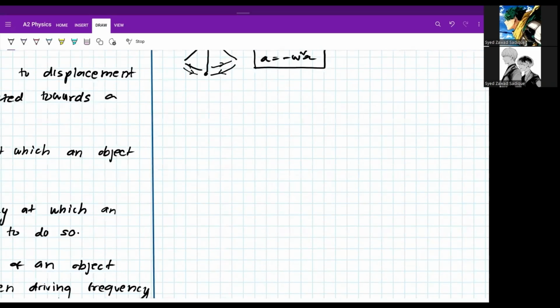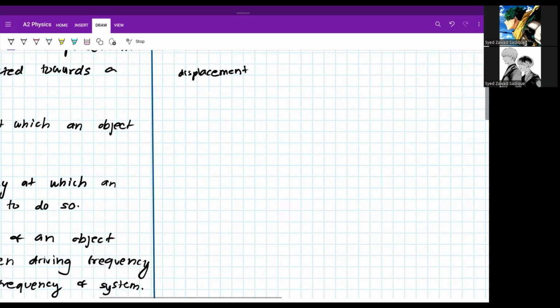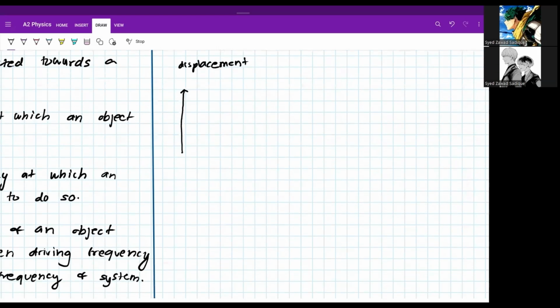Now, displacement. It's a displacement time graph. x naught is maximum displacement, minus x naught is maximum displacement in the opposite direction.